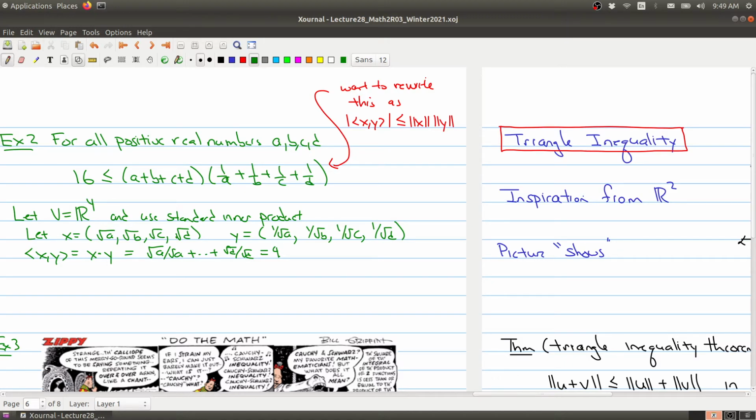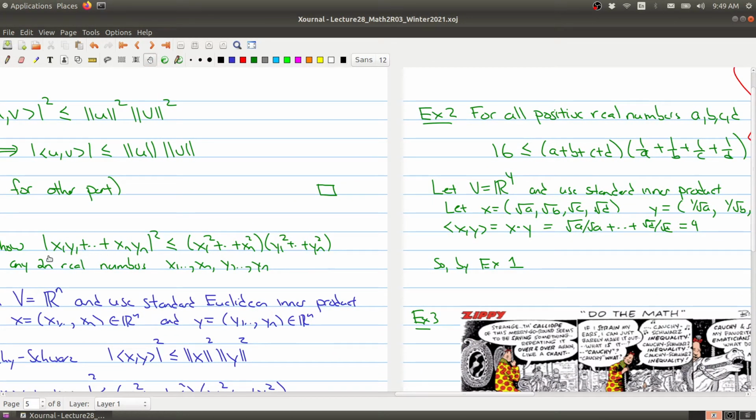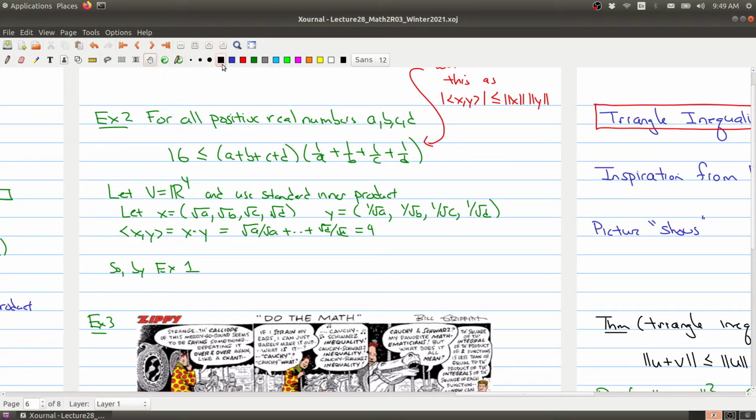By example 1, I'm just going to apply this inequality with these particular vectors, and so I get 4 squared is less than or equal to the square root of a squared up to the square root of d squared, times 1 over the square root of a squared up to 1 over the square root of d squared.